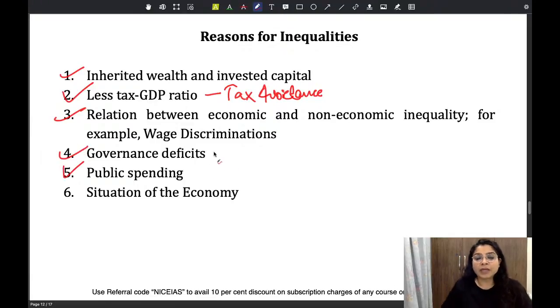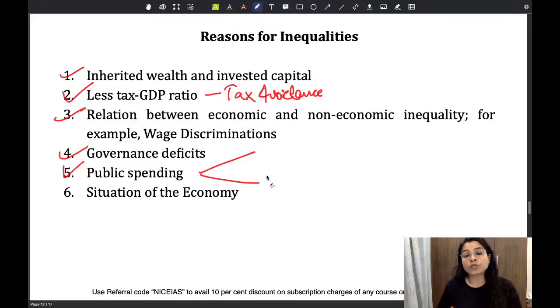Then public spending. You must have heard about Amartya Sen, who talks about two things when he talks about access to resources and how to develop the capabilities of individuals: health and education.